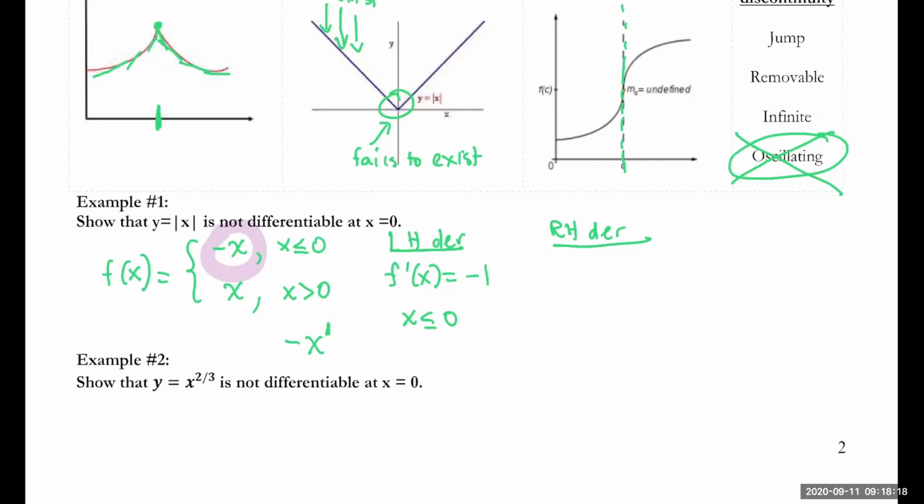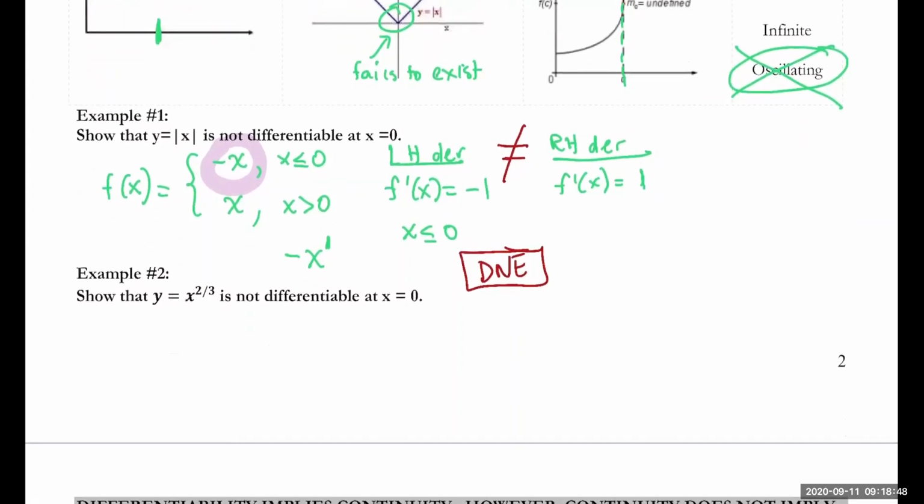So -1 is the left-hand derivative. What is the right-hand derivative? Excellent, 1. If a derivative is a limit and on the left-hand side you have -1 and on the right-hand side you have 1, these two are not equal to each other. So therefore, our conclusion is that the derivative does not exist or fails to exist at that point.